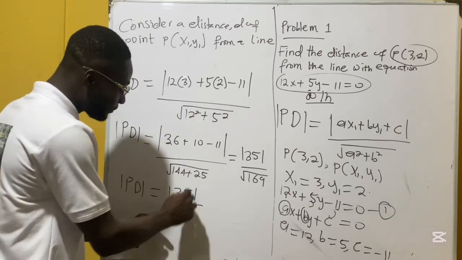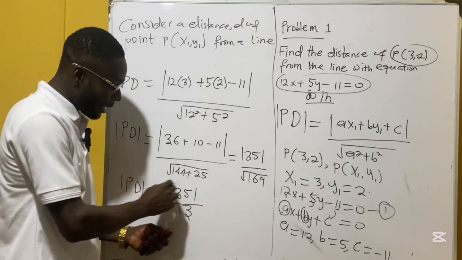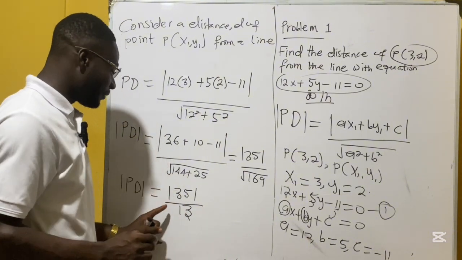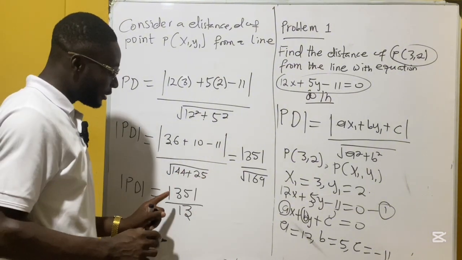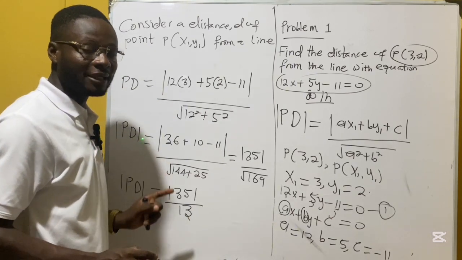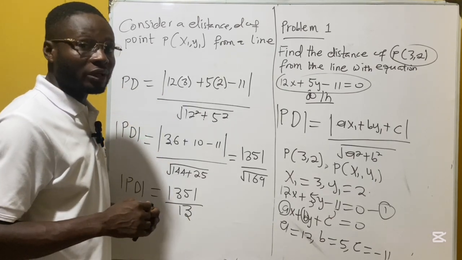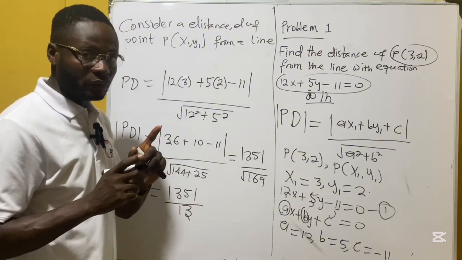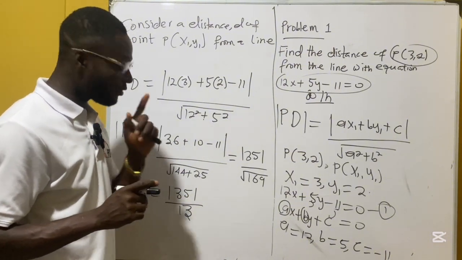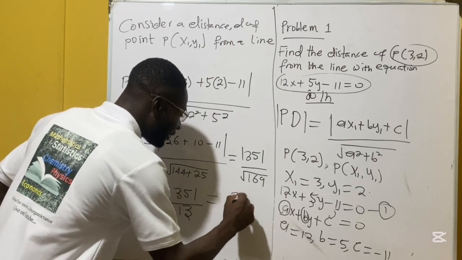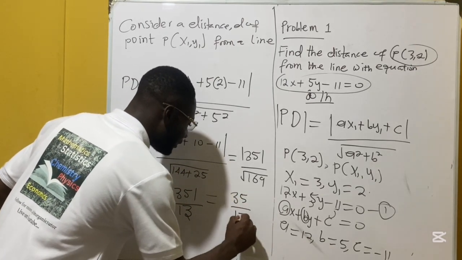Because this is absolute 35, it means we are going to have negative 35 over 13 and positive 35 over 13. But we are talking about distance, so we consider the positive value, and that is going to be 35 over 13.